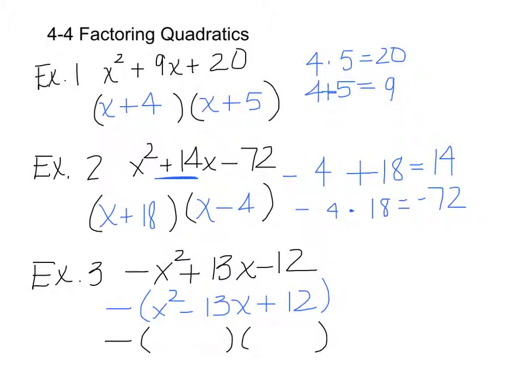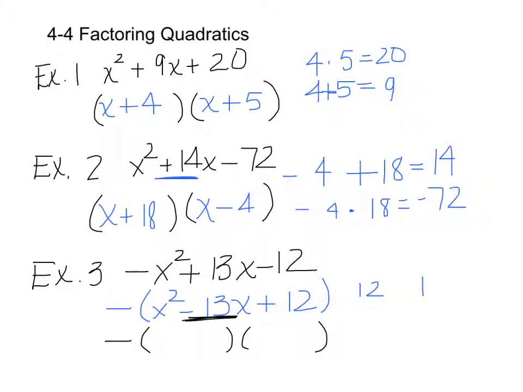And usually when they're like 1 away from each other, that means that the two numbers have to be that number and 1. So we have 12 and 1, and we know one has to be negative, one has to be positive. Here again, the larger number takes the sign of b.